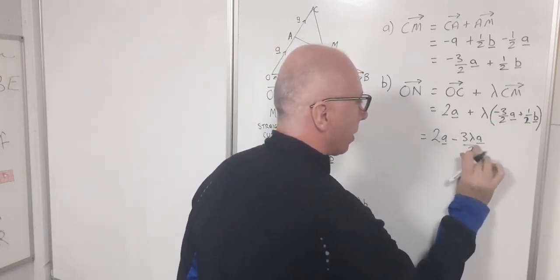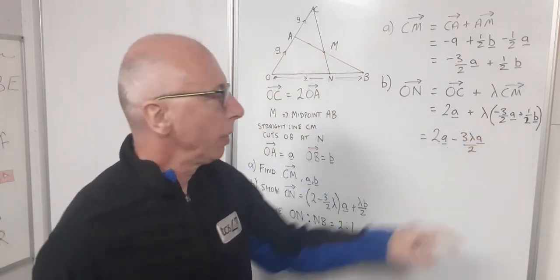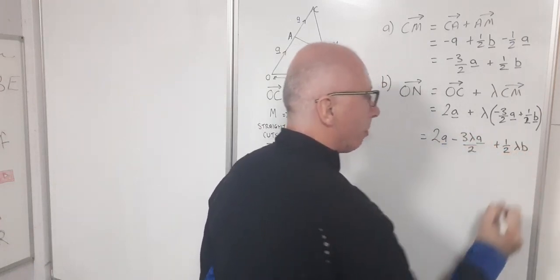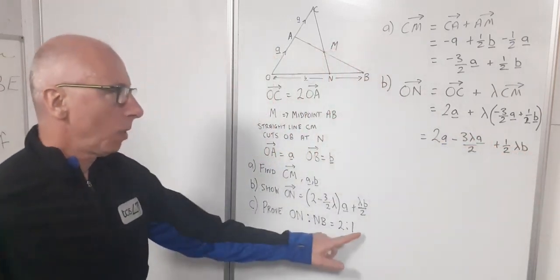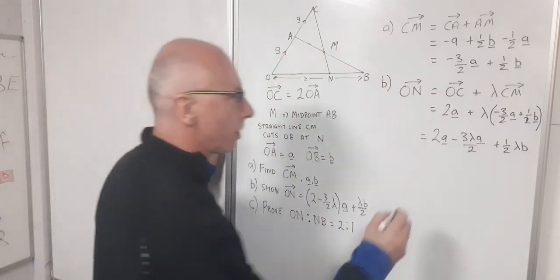That's that one there. And then we've got plus lambda 1/2 of B. So that's plus 1/2 lambda B. Okay, well we've got half lambda B here, and now we need to factor out an A, so let's do that.